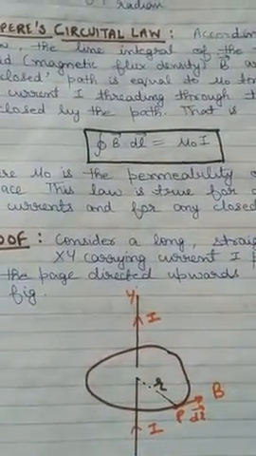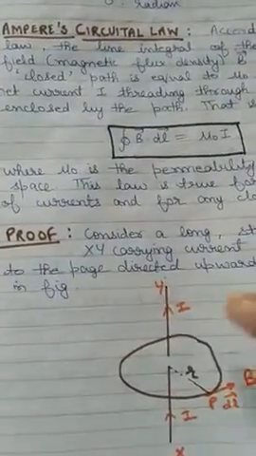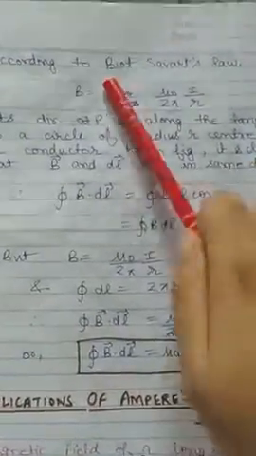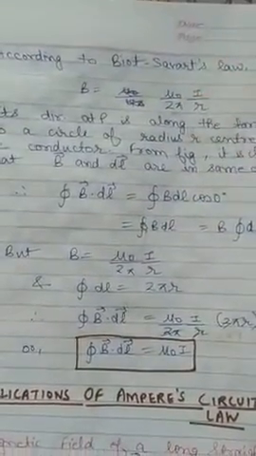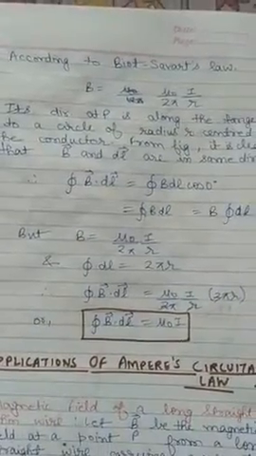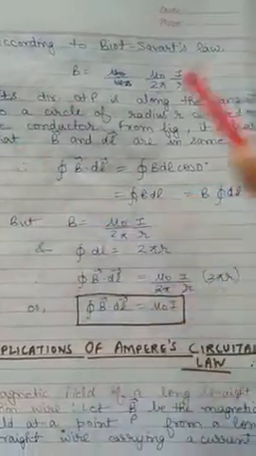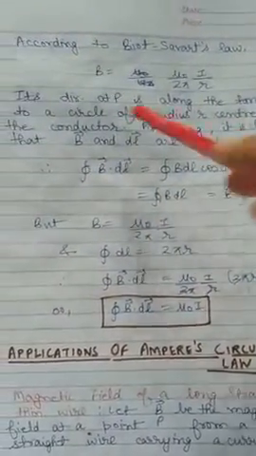Now we know that using the Biot-Savart law, at a point at a distance r from this conductor, the value of the magnetic field is B equal to mu naught by 2 pi, I by r, and the direction, as I told you, will be along the tangent drawn to a circle of radius r centered on the conductor.